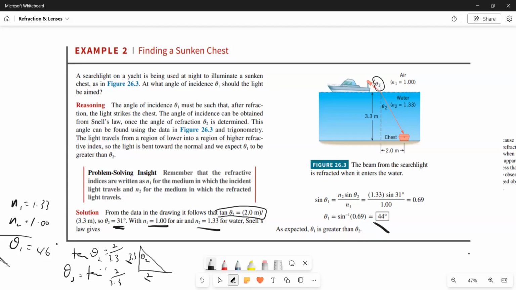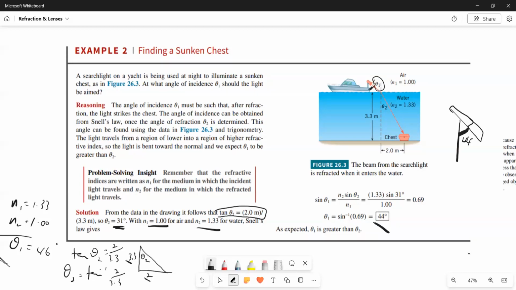So all you got to do now, if this is where the torchlight is mounted, this angle here should be, what is the angle? 44 degrees. Right? And you can see that's a Z angle. If you watch here, theta 1 is also this angle here.